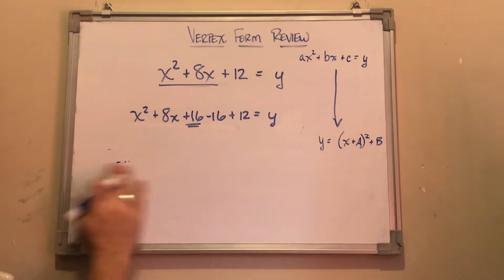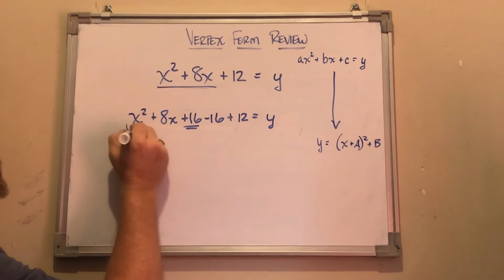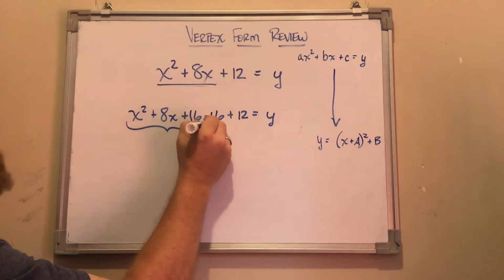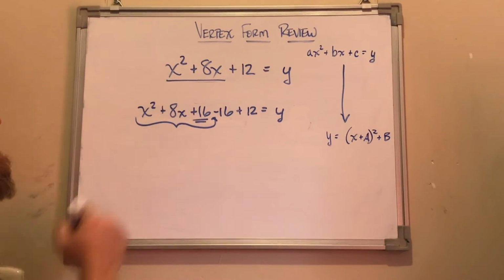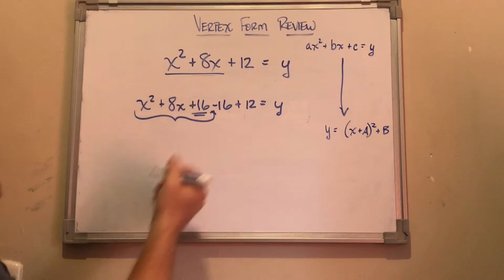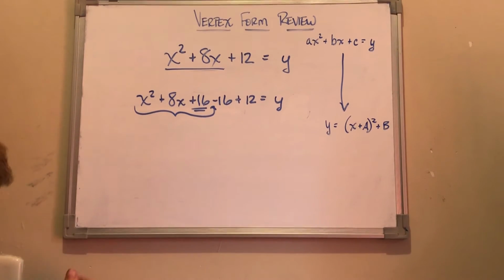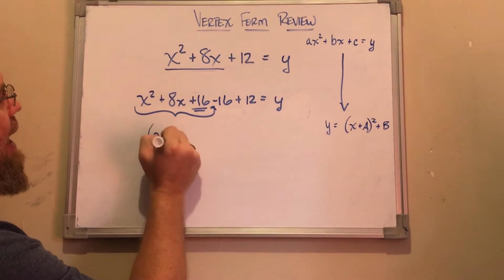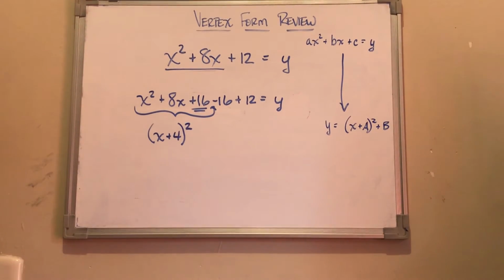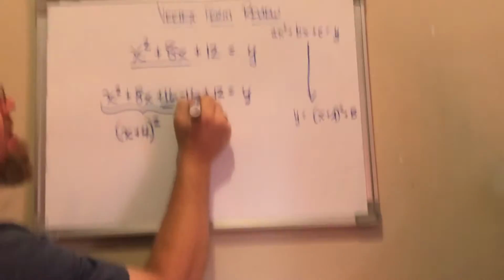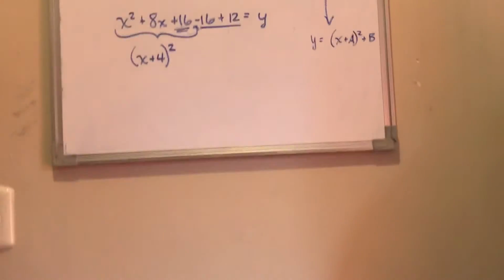And so what I'm going to do now is take this guy right here that I just completed the square with, x squared plus 8x plus 16, and factor that into a perfect positive square. I get x plus 4 squared. Then I've got negative 16 plus 12.